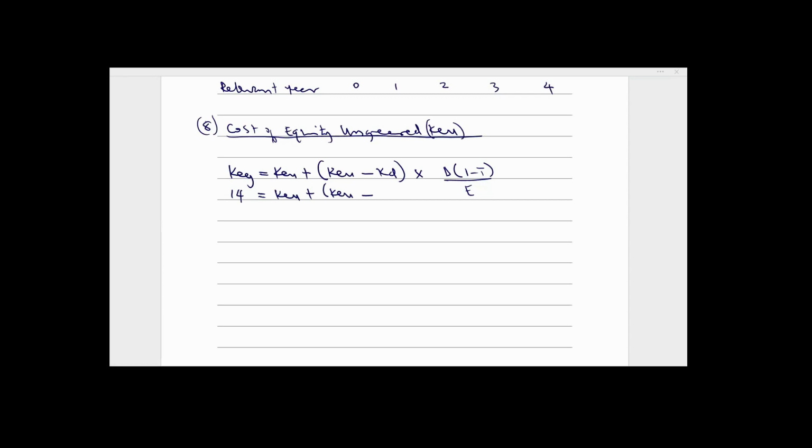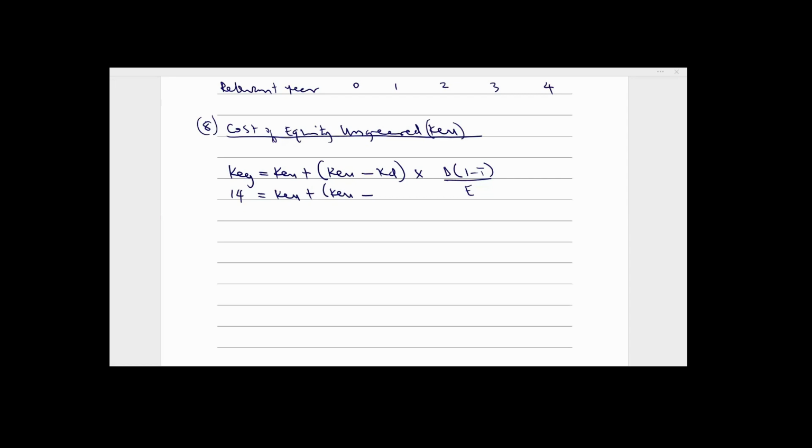In the last paragraph, you are told that the 5-year government debt yield is currently estimated at 4.5% and the market risk premium is 4%. So the examiner has given you the 5-year government debt yield estimated as 4.5%. That 4.5% is your risk-free rate of return because it's the rate of return associated with government security.